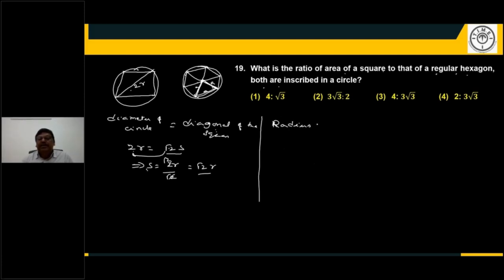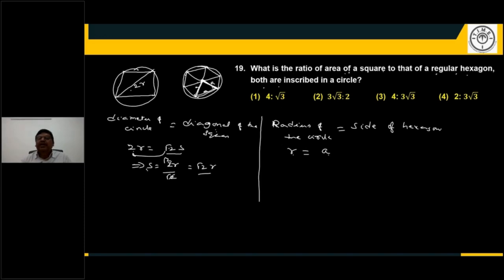The radius of the circle will be equal to the side of the hexagon. So radius of the circle R is equal to side of the hexagon a. So a is equal to R.